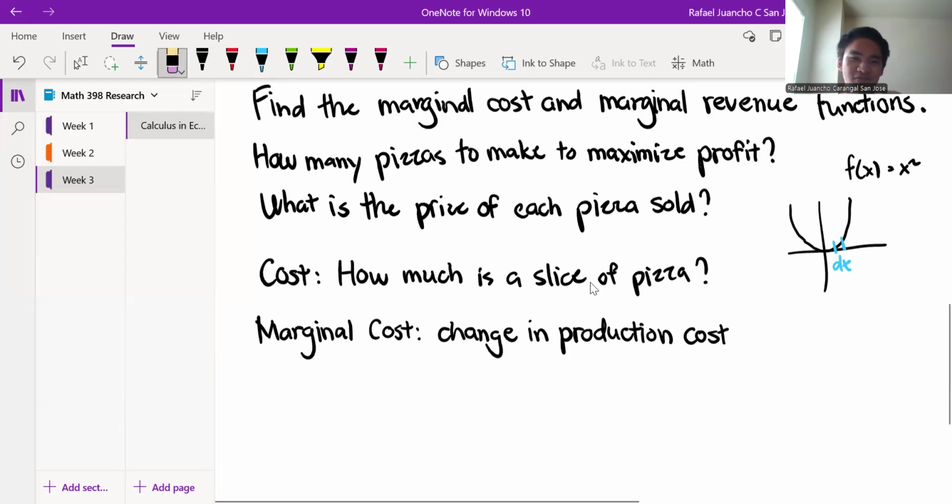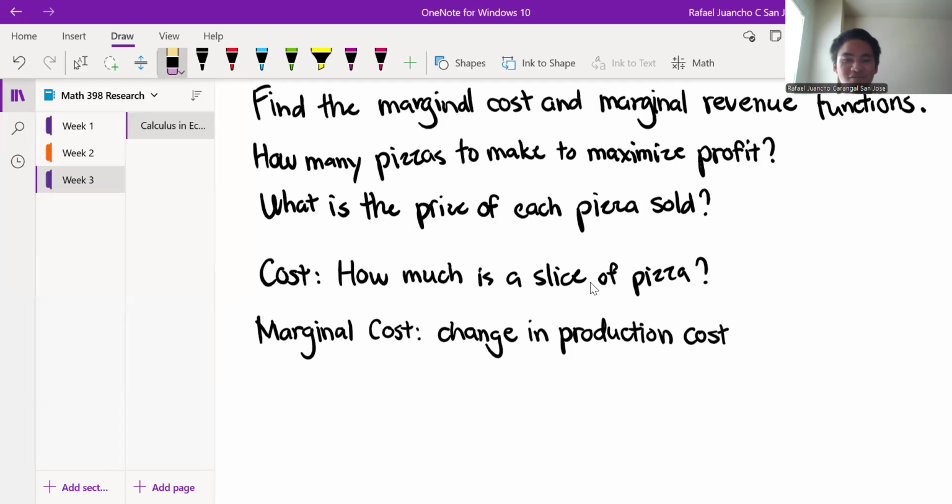So we take the derivative. And if we take the derivative of this function, well, we get 2x. And so what am I trying to say here that connects calculus to economics? Well, if we want to get the marginal cost, then we just want to take the derivative of cost to get marginal cost because it's that small change.